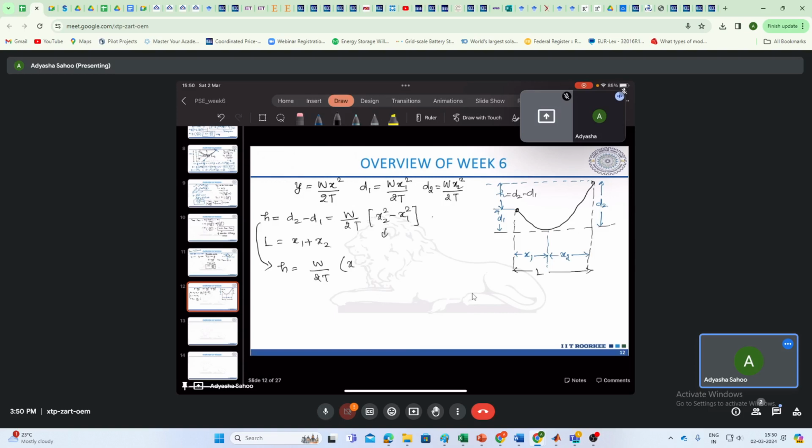So X2 minus X1, and in place of X2 plus X1 we write L. So from here I can get X2 minus X1 as 2HT by WL.